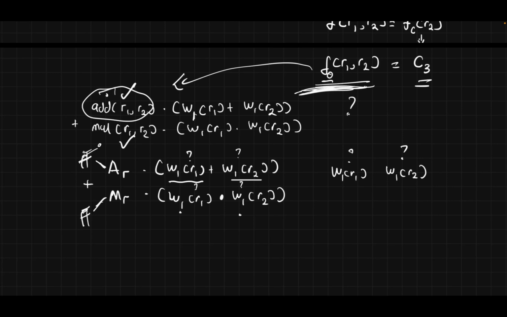So what happens is that the prover now gives the verifier the evaluation of W1 at R1 and the evaluation of W1 at R2. So it says W1 at R1 is equal to O1 and W1 at R2 is equal to O2.